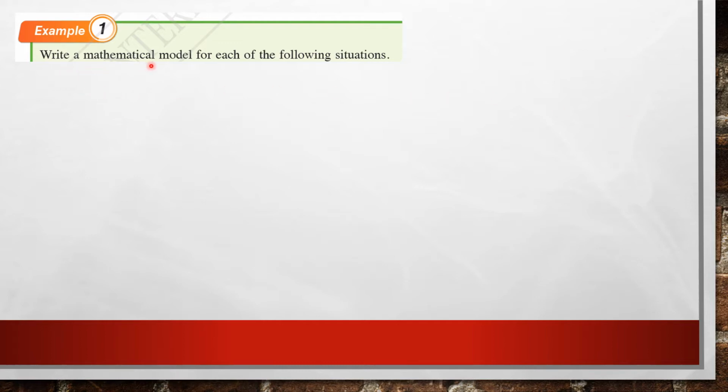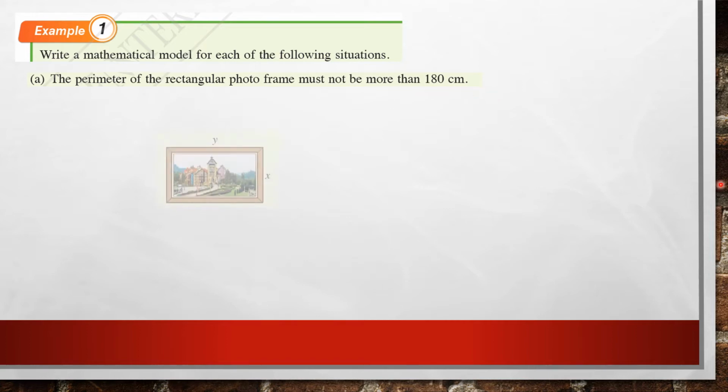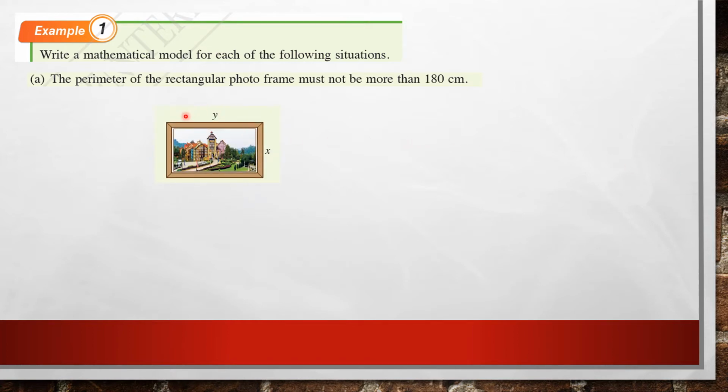Write a mathematical model for each of the following situations. Part A. The perimeter of the rectangular photo frame must not be more than 180 cm. A rectangular photo frame means that if the length is y, the width will be x.